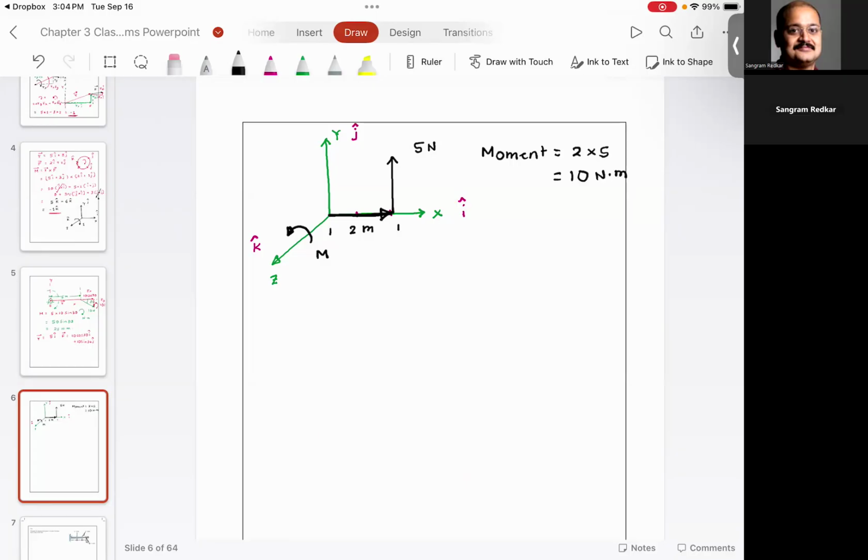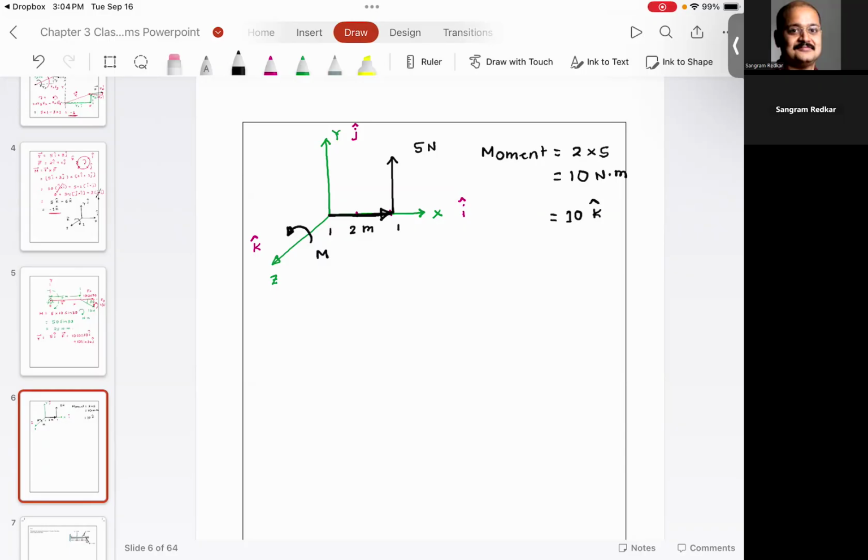As you can see, when you curl your fingers in the direction of the moment, thumb is pointing in the positive Z direction. So this moment is positive. So I can also write this moment as 10K. Why do I say that's 10K?